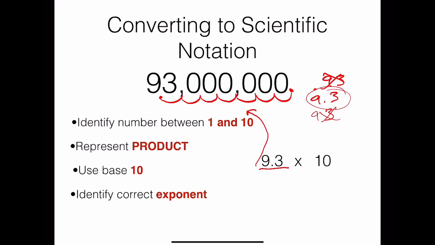So therefore, my exponent is 7. A positive exponent shows that we are moving the decimal point to the right to make the number larger. So my final answer is 9.3 times 10 to the 7th.